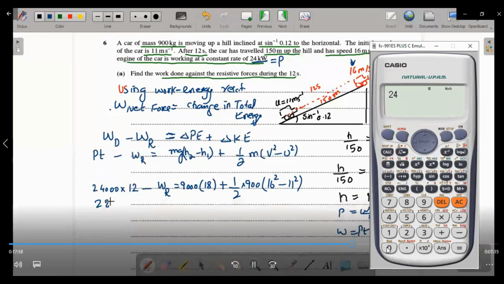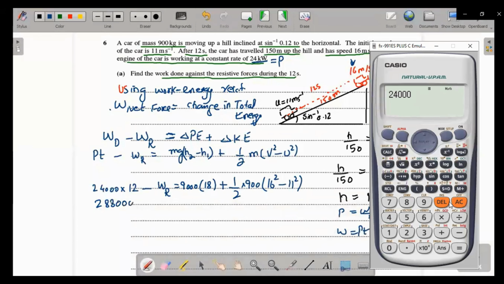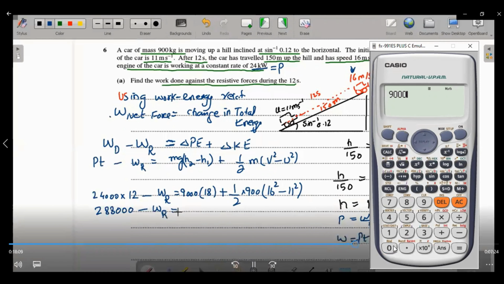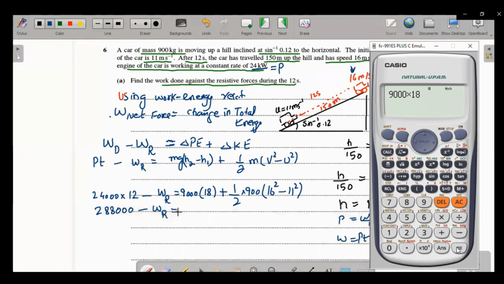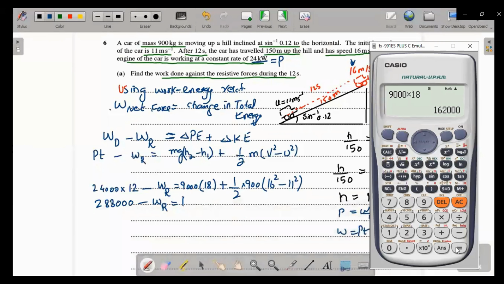minus WR, that is equal to 9,000 multiplied by 18, we get 162,000. Now we can say 162,000 plus 900 divided by 2, we get 450.